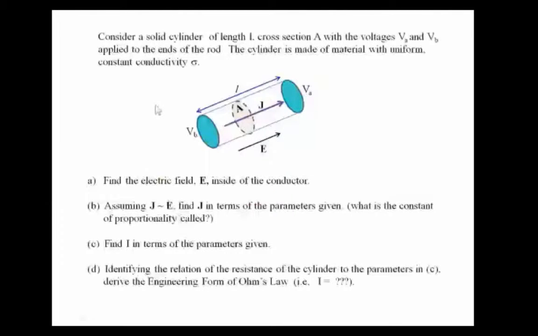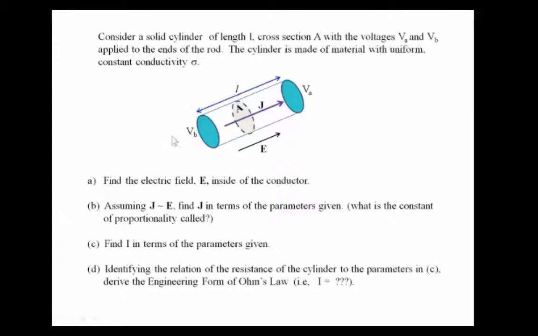Well, let's take a case of a cylindrical conductor. So it's shown here. It has a length L and a cross-section A, shown here. And it has two potentials, V sub A, V sub B, at the two ends of the cylinder. And it's made of a material that has a constant conductivity, sigma.